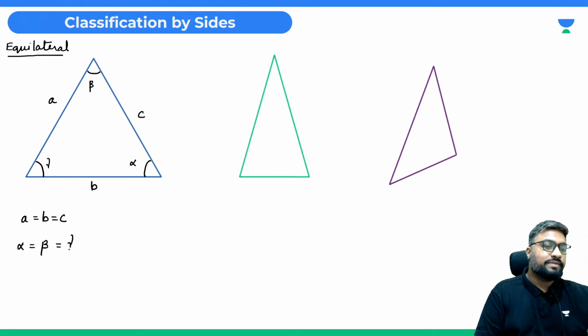Since all the angles will be equal, what do we get? Each angle का measurement कितना होगा? क्योंकि total 180 है, 180 को 3 में split करेंगे, 60 degrees each. बढ़िया?